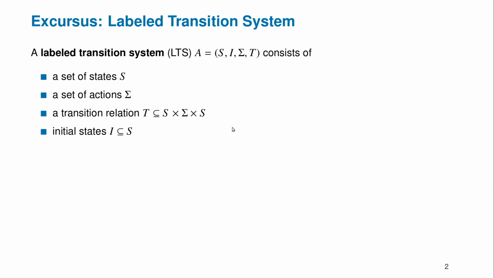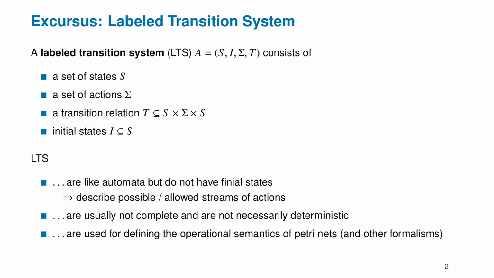What we do not have, in contrast to finite automata, as you will certainly have realized, are the final states. These are missing. And this is because with LTS we are not interested in the question whether a word over sigma is accepted.